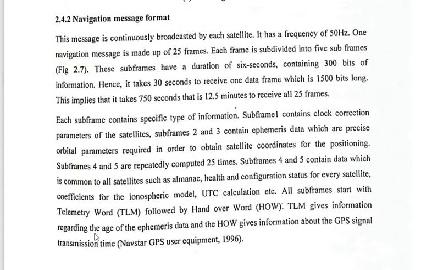The age of the Ephemeris data is given by TLM, the telemetry word. And the handover word gives the information about the GPS signal transmission time, how much time it requires to send the GPS information. That is given by your HOW, the handover word.